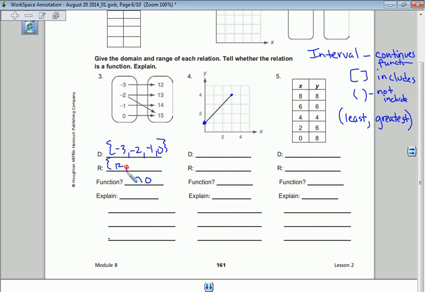When we have these discrete elements, we write them as a set with the braces, just like this. Why is this not a function? The input, -2, is paired with more than one output.